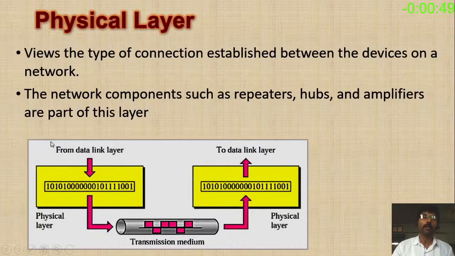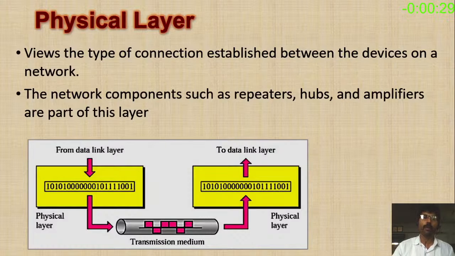The physical layer also identifies the type of connection established between devices on the network. Here, which type of network is established? Ethernet network, or token ring, or FDDI.